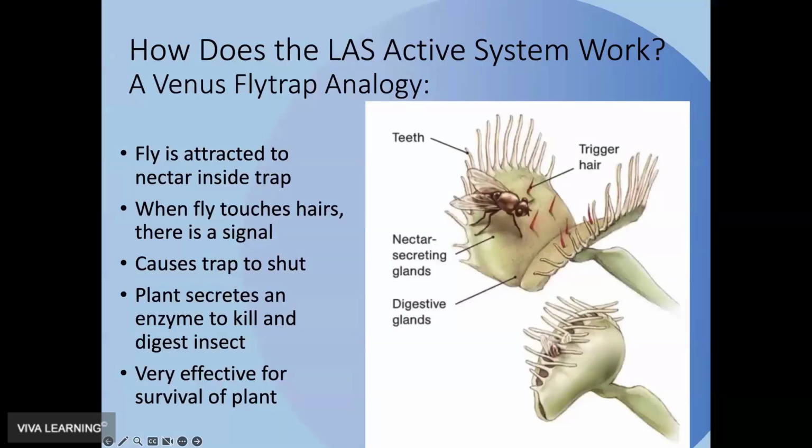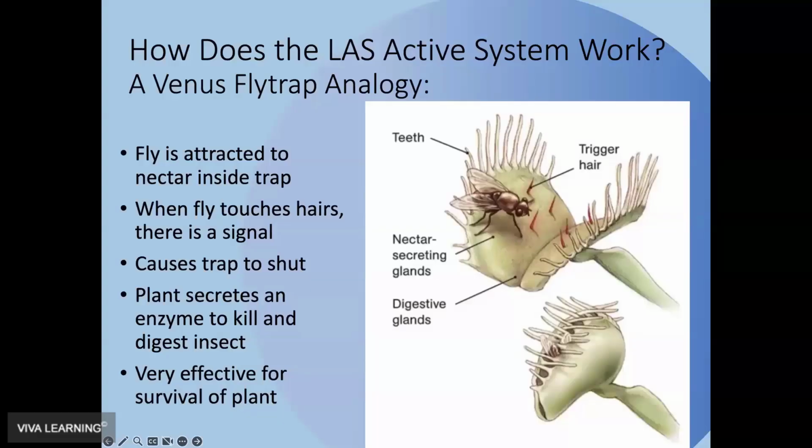Now, this is a Marie Fluent slide, not a Coltene SciCan slide. I thought of this slide when I read about this LAS system and how it works, and it reminds me a lot of a Venus flytrap. A Venus flytrap is a plant that traps flies and other flying creatures in its little leaves. The fly is attracted to the nectar inside the trap.